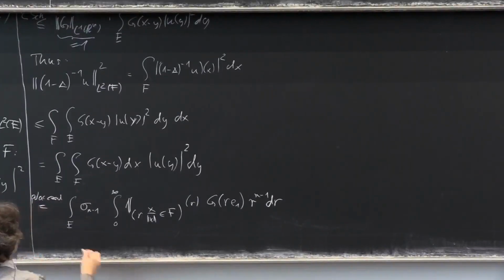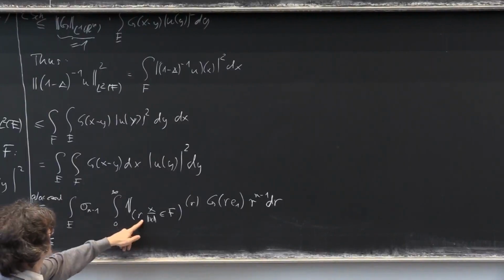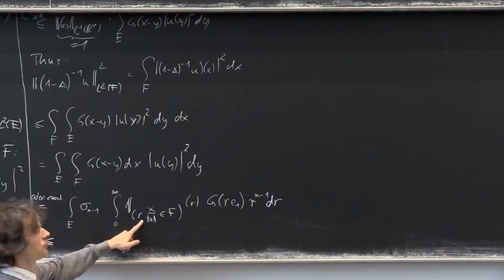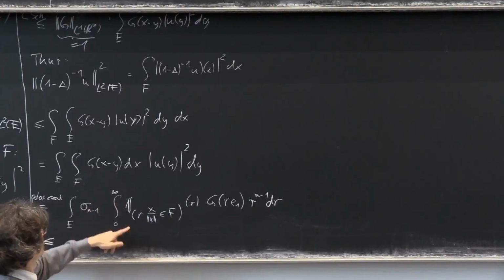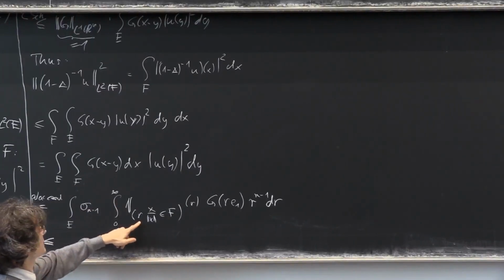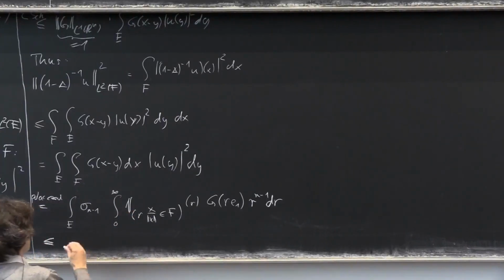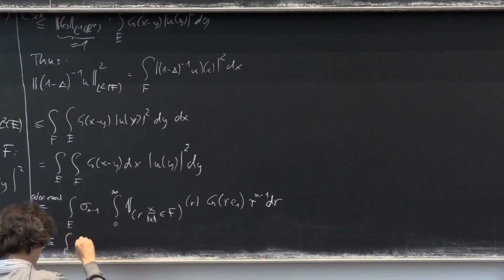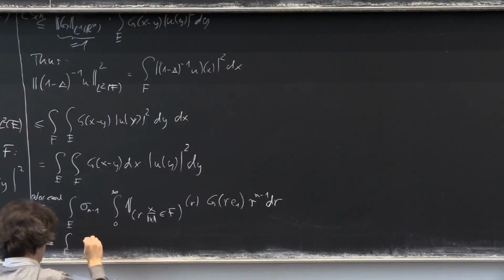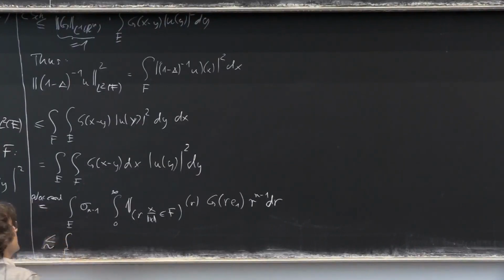Now we know that this indicator function surely is 0 for r less than the distance of e to f. So if r is less than the distance from e to f, this thing will never be in f. So this is less or equal to the integral over e. And let's also put this sigma n minus 1 into the constant.